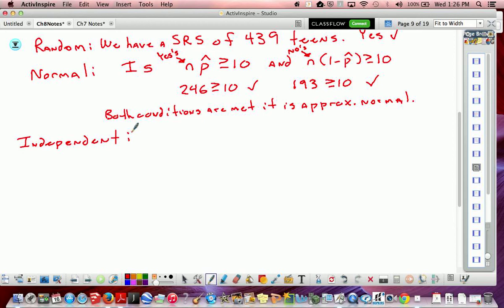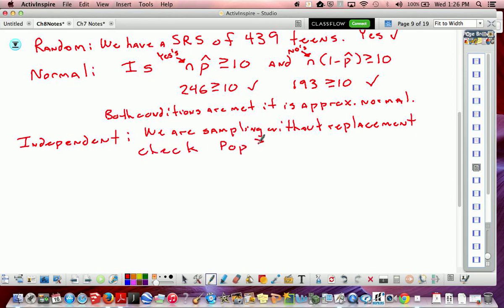So, alright, now with independence, okay, we are sampling without replacement. So we need to check, is the population greater than or equal to 10 times our sample? So in our case, is our population greater than or equal to 10 times our sample of 439?